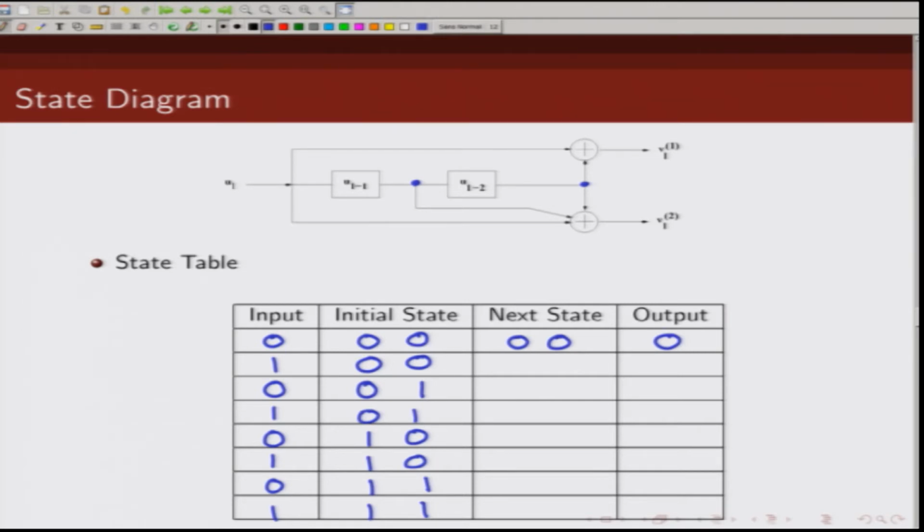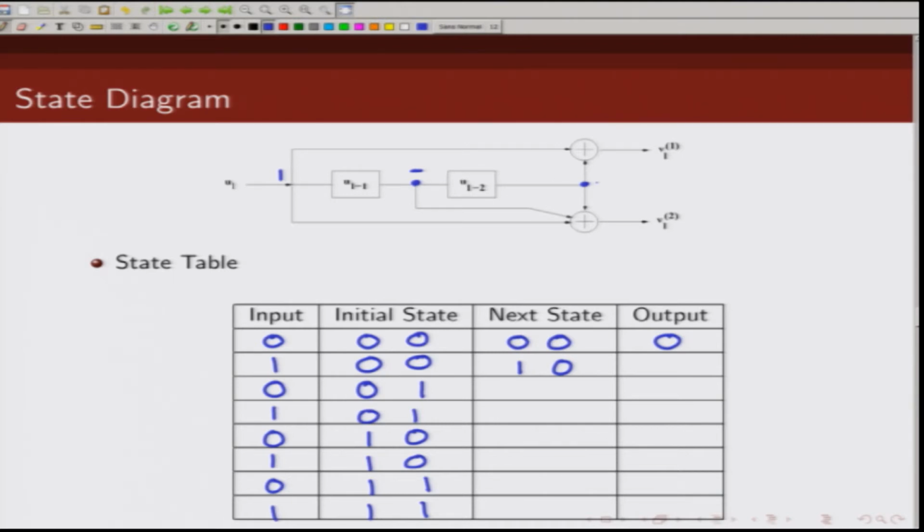Now, let us look at this. If the input is 1 and initial state is 0 0, then this 1, the one which is here, will now move to this location, right. So, the next state would be 1 0, because 1 from this input will move here and 0 from here will move.